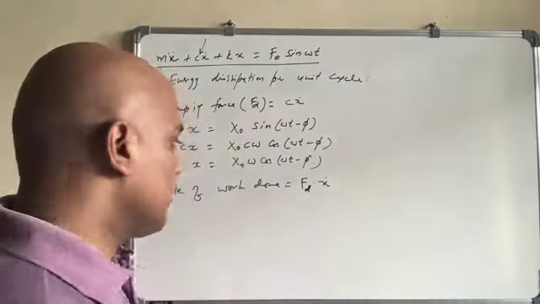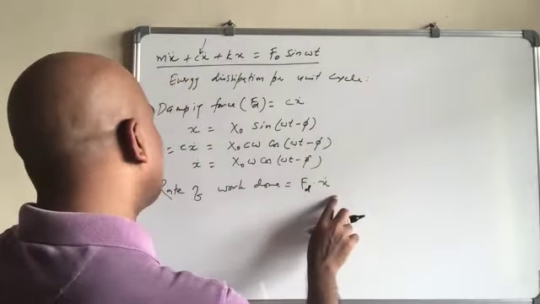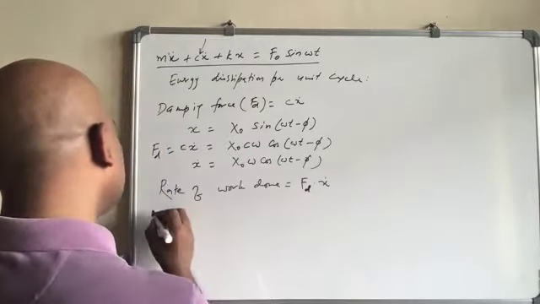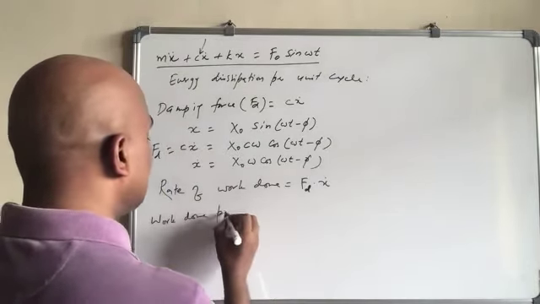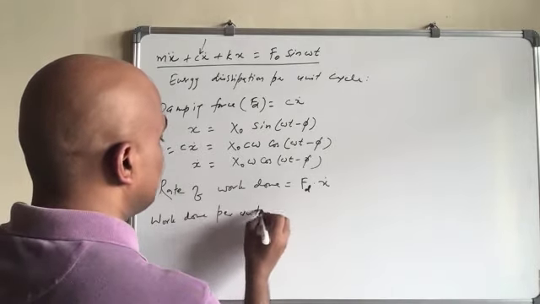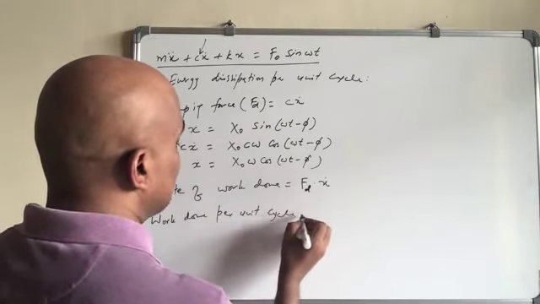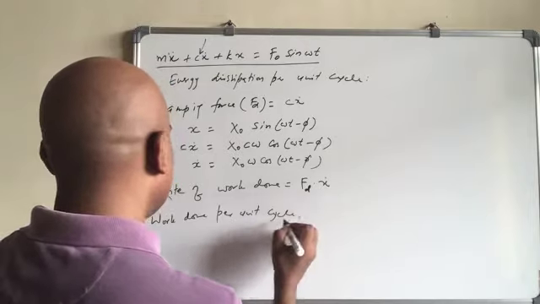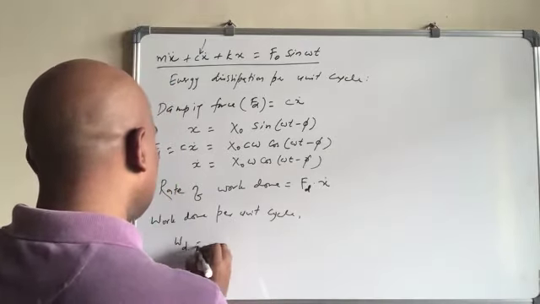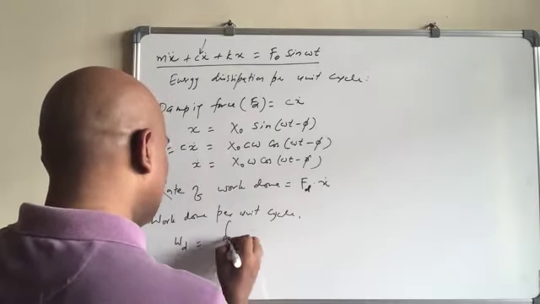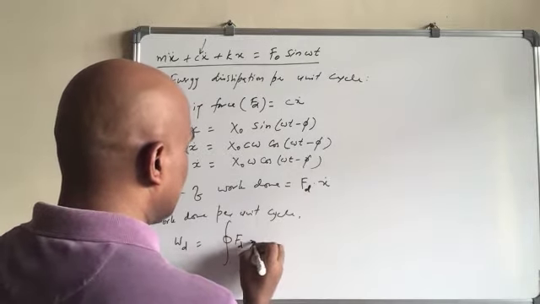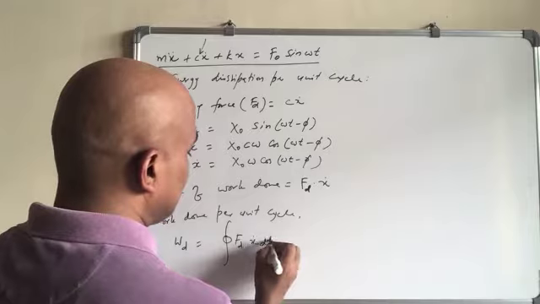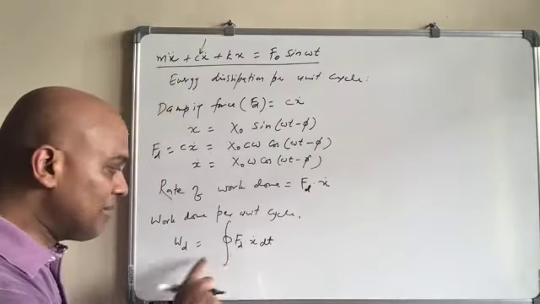This is the rate of work done, and hence work done per unit cycle, let's call it Wd, will be equal to the integral over one cycle of Fd times x dot dt.